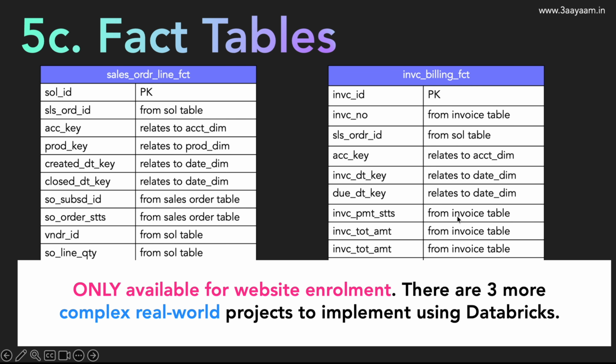I have also provided a description of where you can get these columns from, but I would recommend that you cross-check whether these descriptions are correct or not. This is also the job of a data architect or data modeler. If you're a data architect, you'll have to do it. If you're a data engineer, you'll get it as is. You'll get data models or Excel sheets like this, and then you'll have to perform your coding.